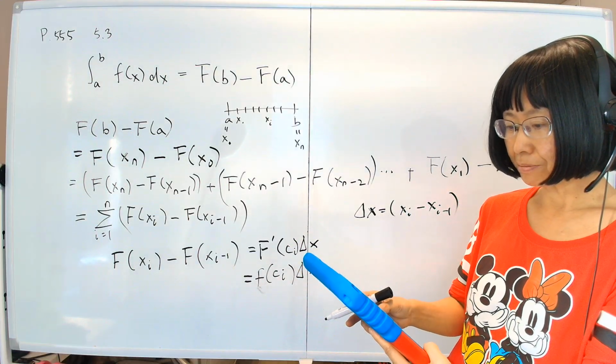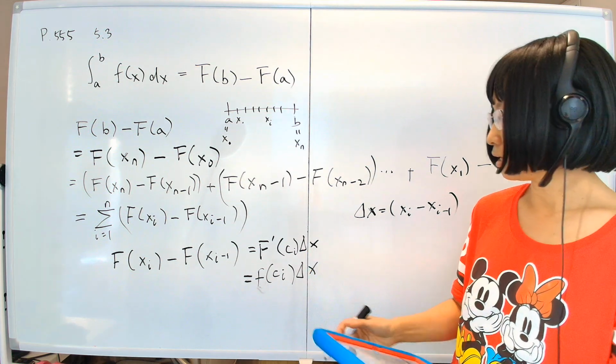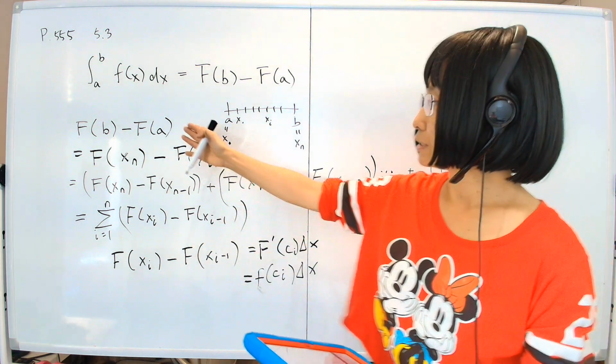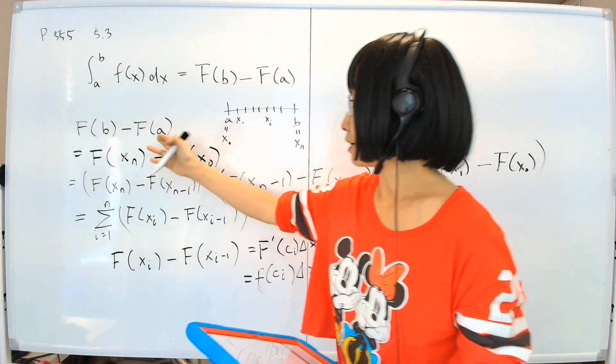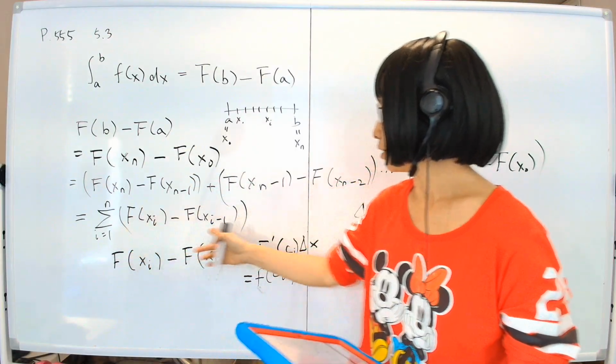So the next step we have is then going back to what we did earlier, then f(b) minus f(a) is equal to this sum.